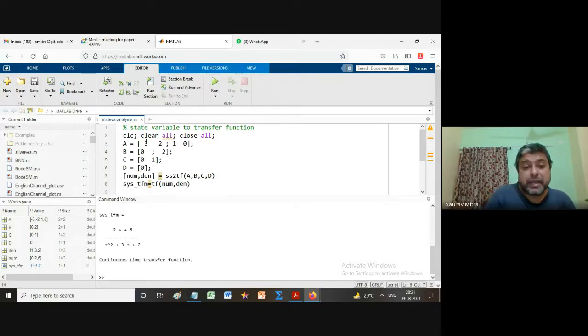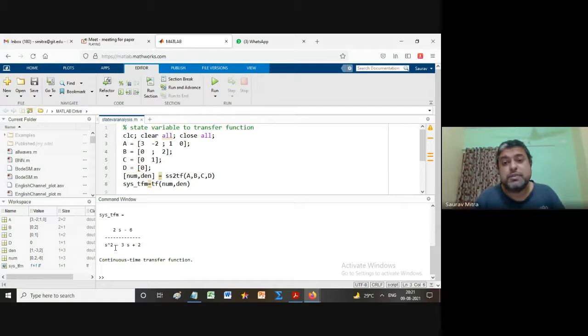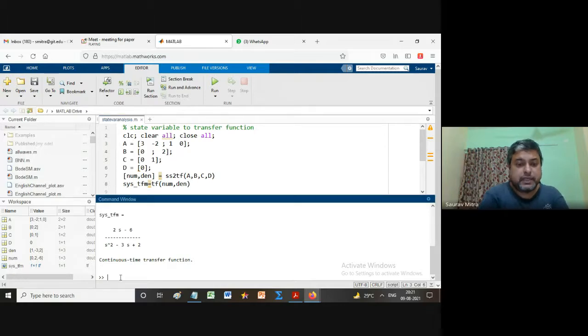Now what you do, make this minus 3 as plus 3, and you will find that the denominator will change. You are finding s square minus 3s plus 2.